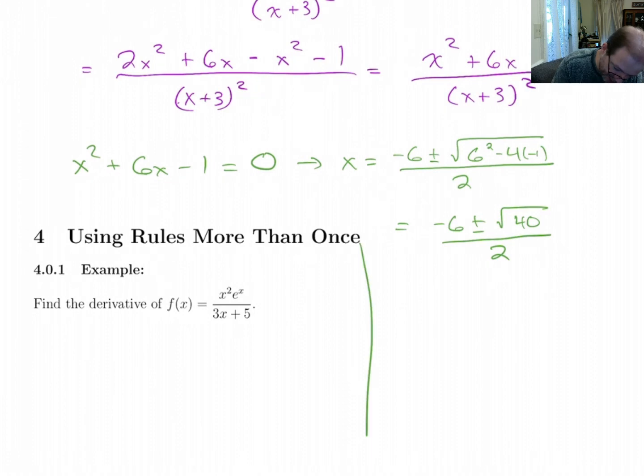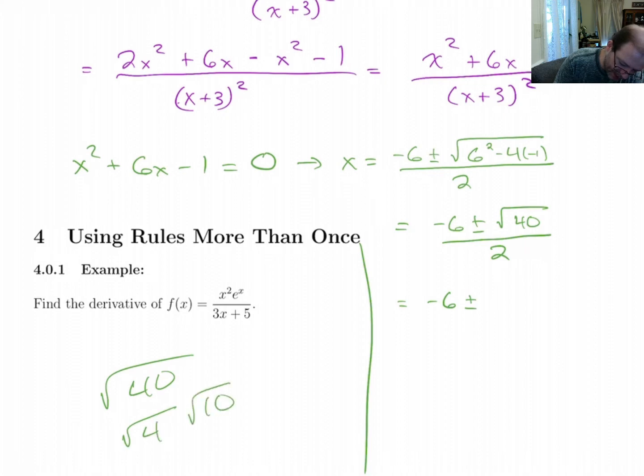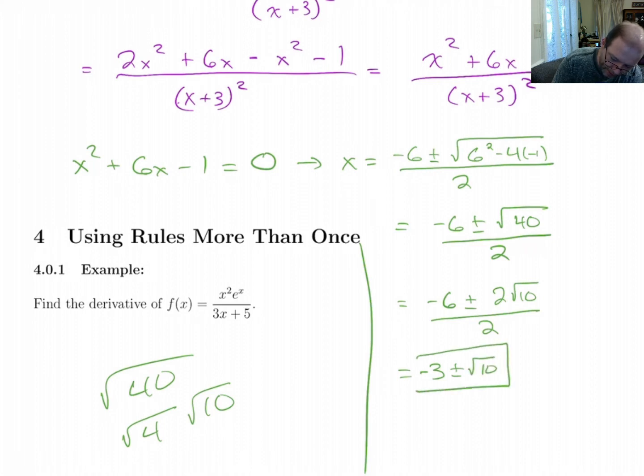I'm just going to do this scratch work. You can rewrite this as the square root of 4 times the square root of 10. So it's 2 root 10 over 2. So negative 3 plus or minus the square root of 10. Those are the exact values.